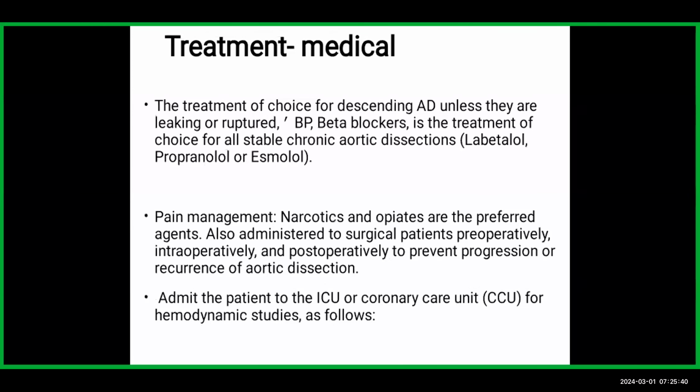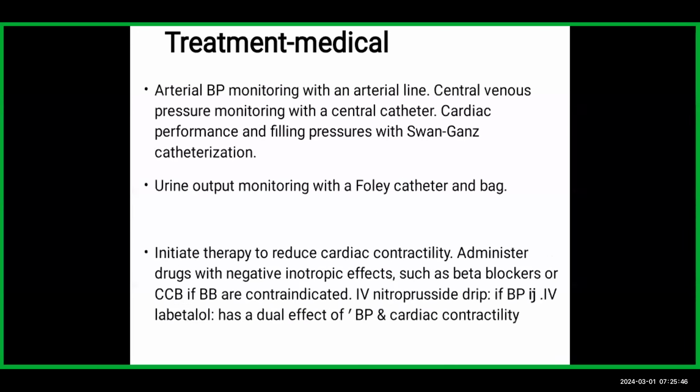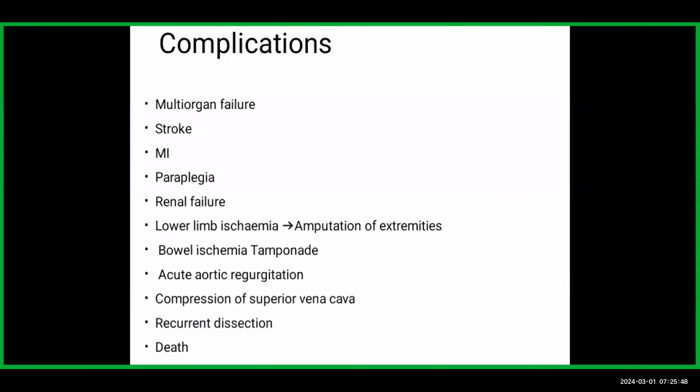The treatment option used is beta blockers, such as labetalol and the others. And complications of aortic dissection: I mentioned the one that was present in the patient, the weakness that the patient had. They can have aortic incompetence, like the index case I talked about, aortic regurgitation, so they can have a diastolic murmur.